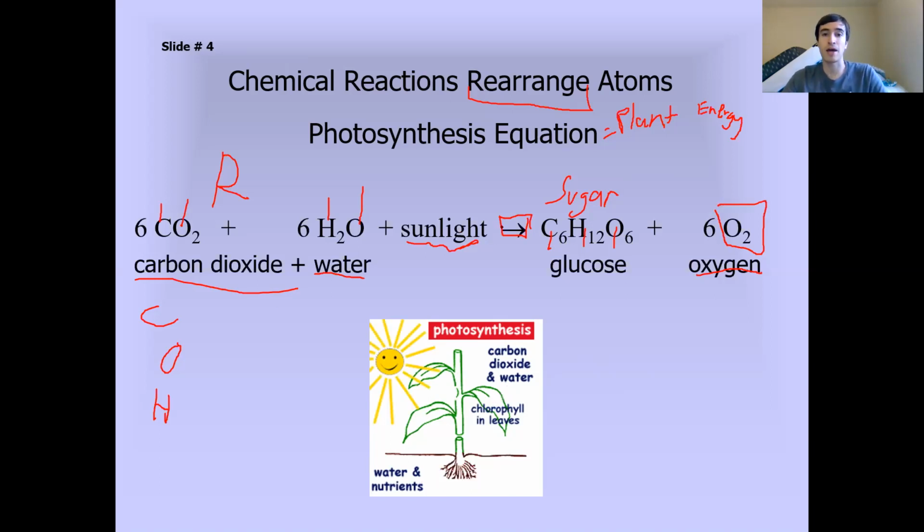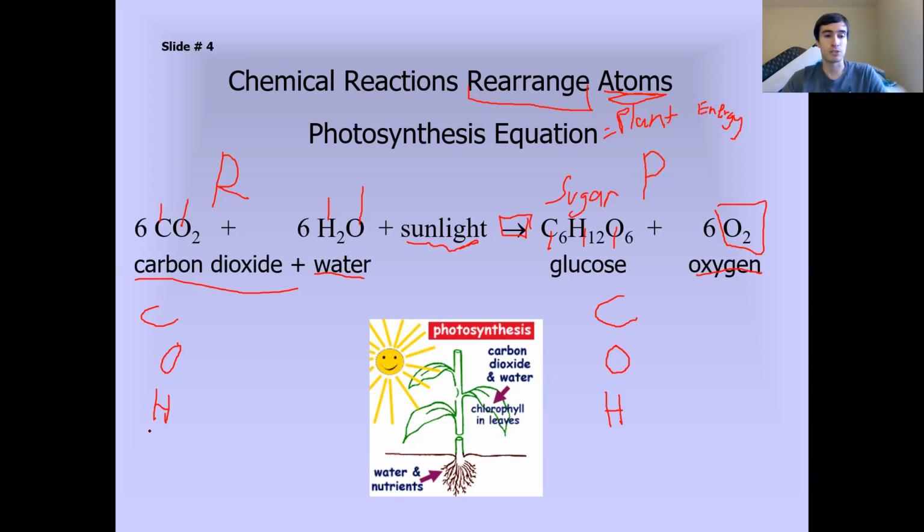So if we look at the atoms that we have on our product side, so these are our products, remember, our final things that we produce are glucose and oxygen. We have C's in the glucose. We have H's in the glucose, and we have oxygen not just in the glucose but also on its own as its own molecule.